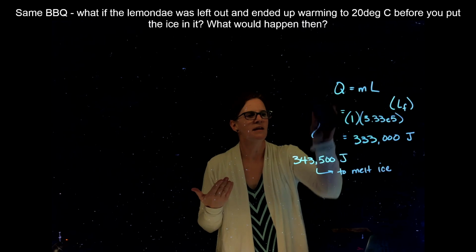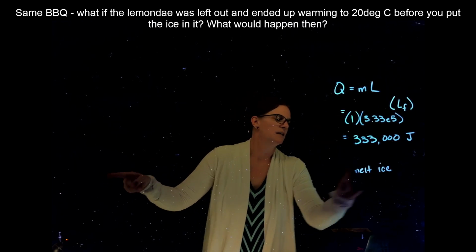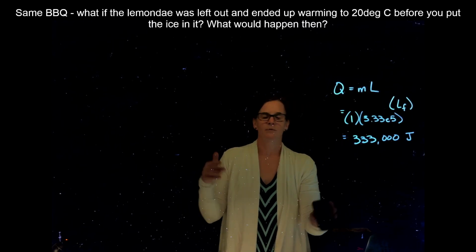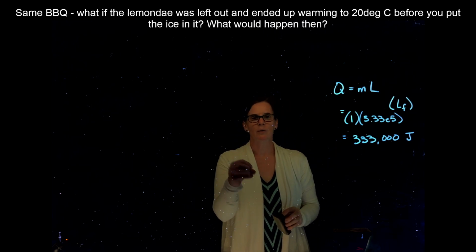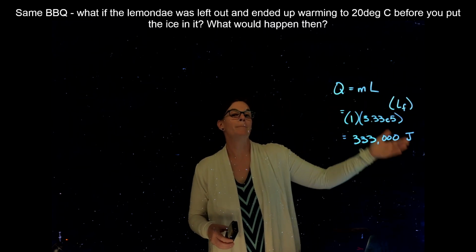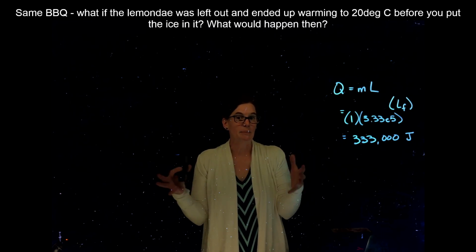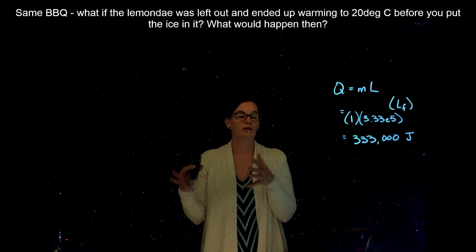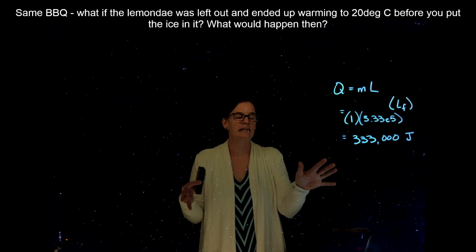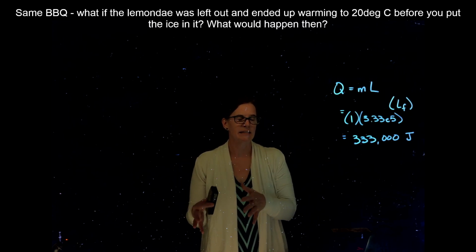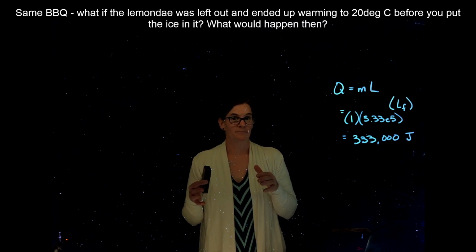So we know that, because we have more heat than it would take to bring the lemonade down to 0 and we need to melt the ice, we have some heat to play with, essentially, that is going to result in heating the water from the melted ice until the lemonade and the ice, now melted as water, reach thermal equilibrium, okay?